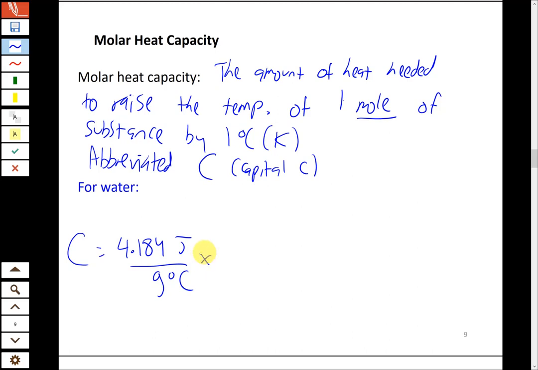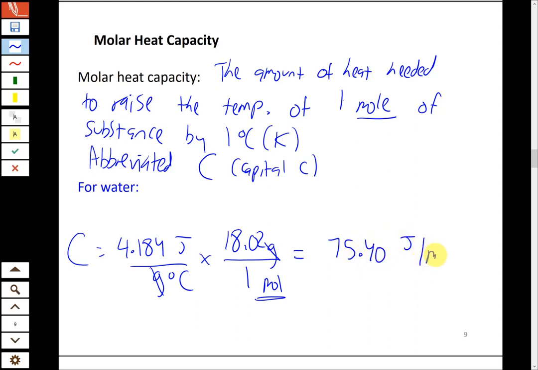And so for water, I'm not going to calculate it in detail, but the molar mass of water is 18.02 grams per mole. So if we put grams up here to cancel out and moles in the bottom, we multiply by that. So 18.02 grams in 1 mole. That's the molar mass of water. So grams cancels out. That leaves us moles down here. And so just multiplying those two gives us the molar heat capacity of 75.40 joules per mole degree Celsius.